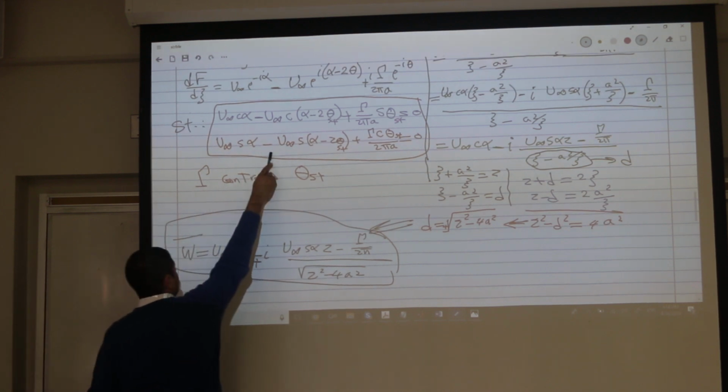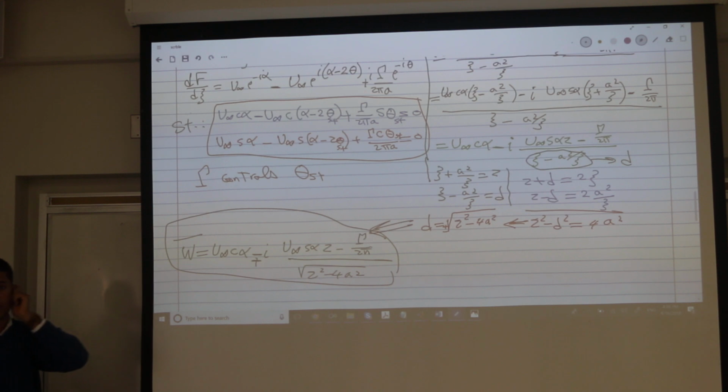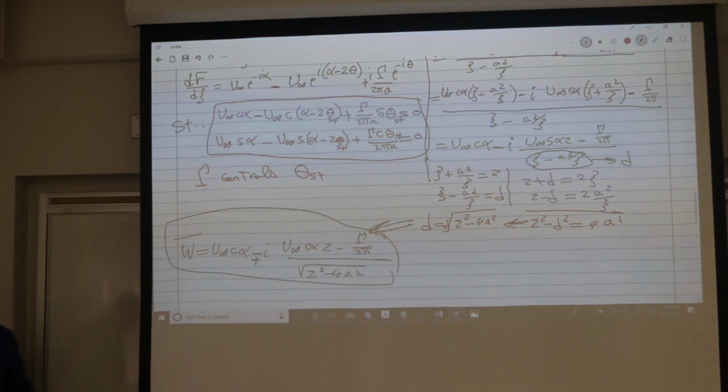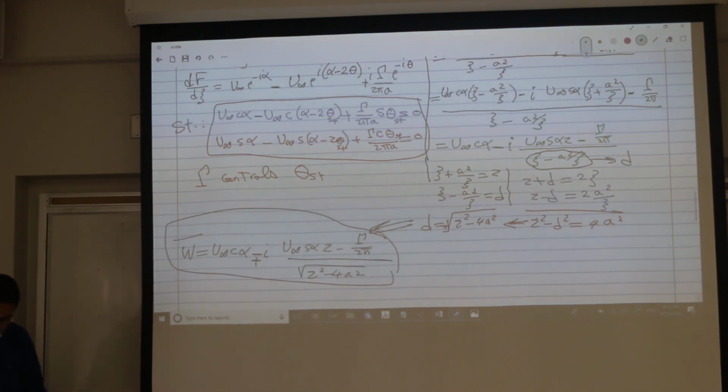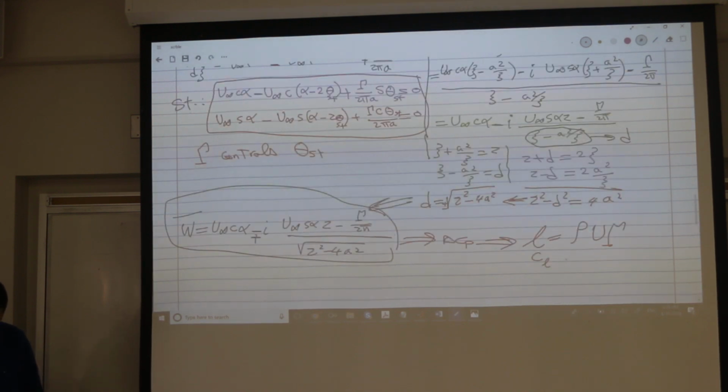We got the stagnation point, we got the velocity everywhere, okay? So if you have the velocity everywhere, you can get the delta Cp, and from the delta Cp you get the lift. We already know that it's rho gamma, or the Cl is 2 gamma over u infinity c.